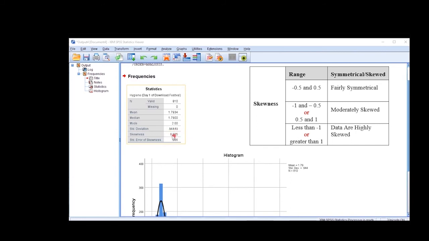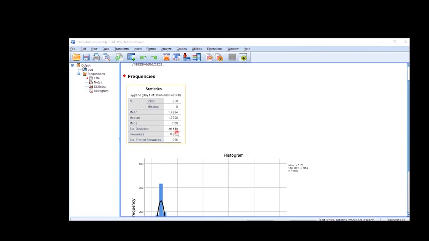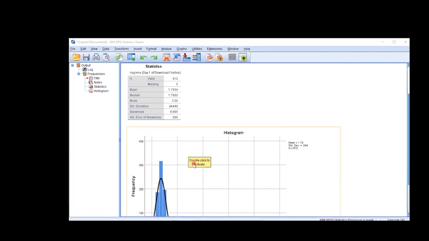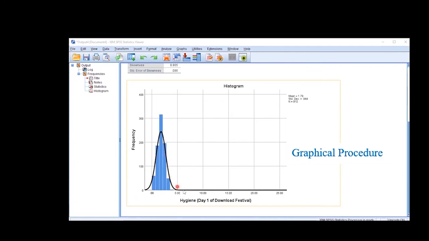So this result in the table shows that our data is skewed. Now if you see the histogram graphically, it shows a long tail here. This all shows the data is non-normal. Then there is another form that we can do.